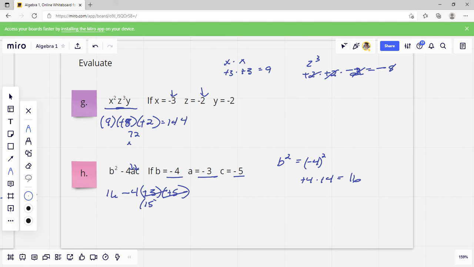And now I need 15 times 4, which 2 15s is 30, so 4 15s will be 60. So 16 minus 60, which would be negative 44. So negative 44 is the answer to that one.